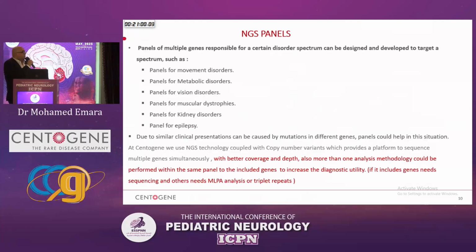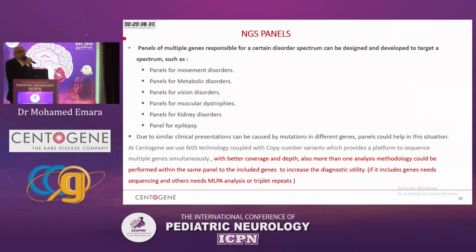We developed our panels in Centogene to be deployed by organs or by disorders. So all the vision disorders are considered to be in one panel. All the movement disorders are considered to be in one panel. Epilepsy is considered to be in an epilepsy panel. Moreover, the kidney disorders are considered to be in the nephrotic panel.